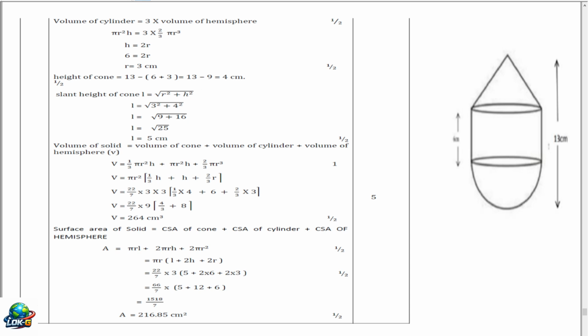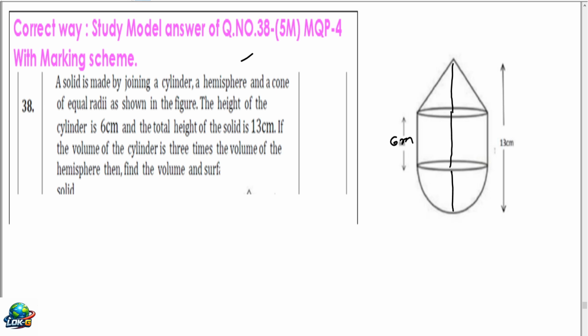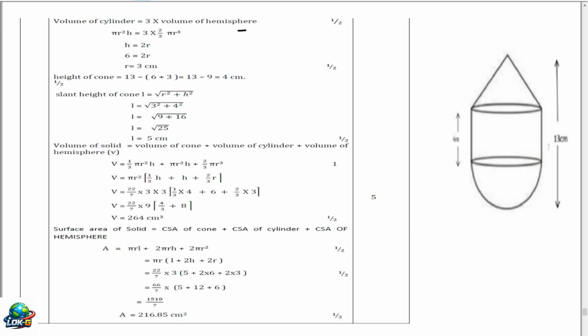Volume of the cylinder is given as 3 times the volume of the hemisphere.